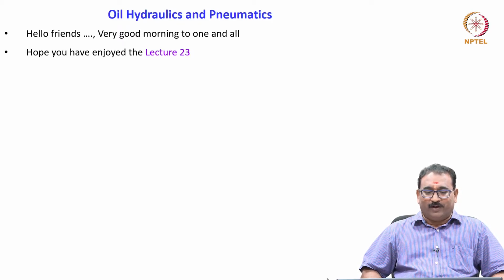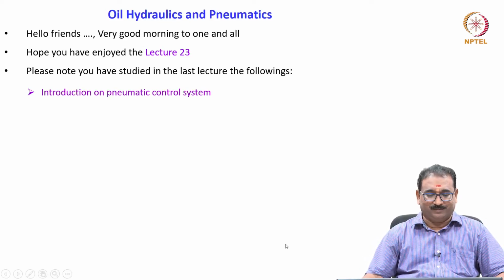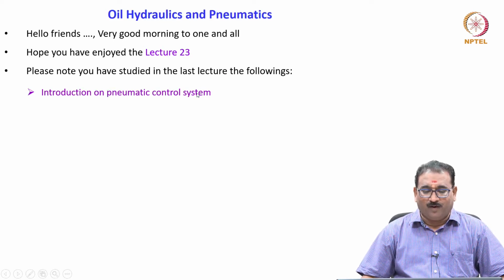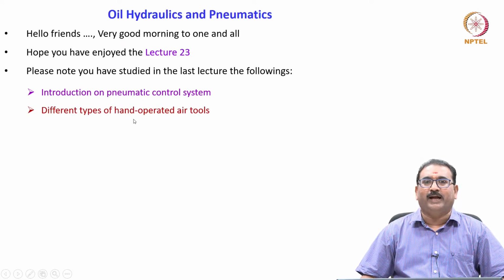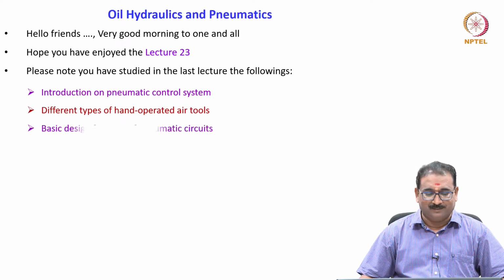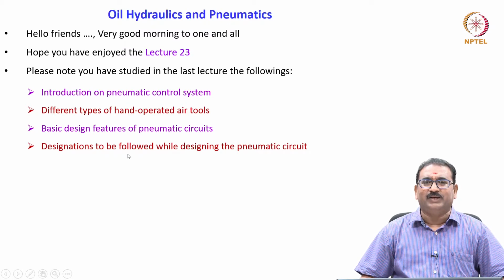Hope you have enjoyed the last lecture, 23rd. Please note, you have studied in the last lecture the following: introduction to pneumatic control systems, different types of hand operated air tools, basic design features of pneumatic circuits, and designations to be followed while designing pneumatic circuits.